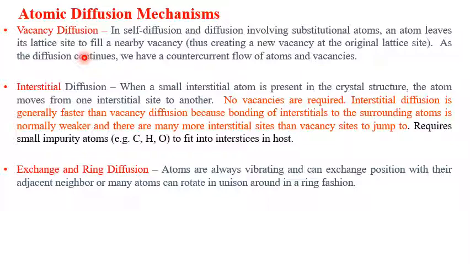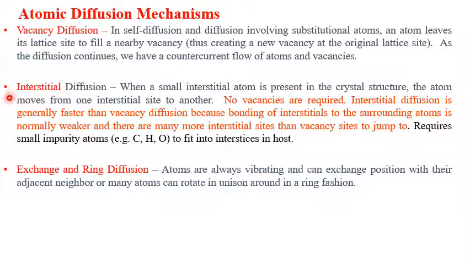When a surrounding atom occupies that site, it leaves behind one more vacancy. Again, the neighboring atom can occupy that vacancy, like that. Whenever a vacancy is filled, it creates one more vacancy, and the surrounding atoms can come and occupy it. That is vacancy diffusion.